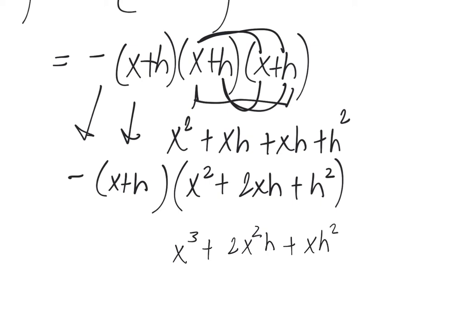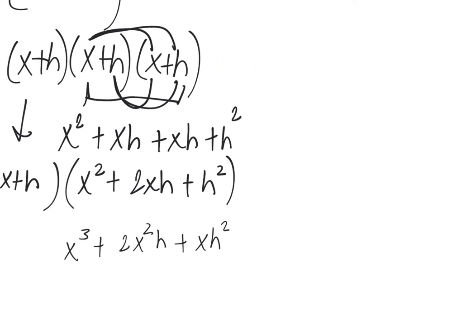And now I will distribute the h to the x squared and 2xh and h squared to get hx squared, 2xh squared, and h times h squared is h cubed.